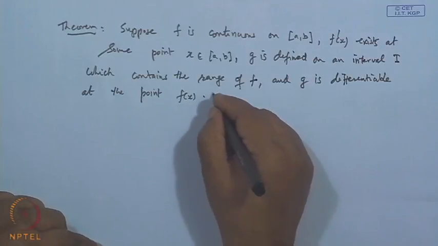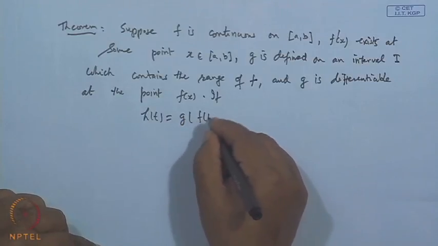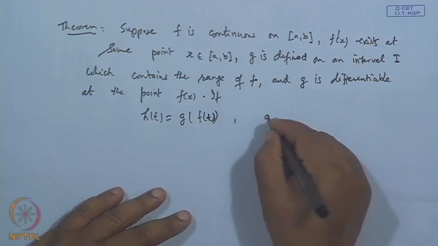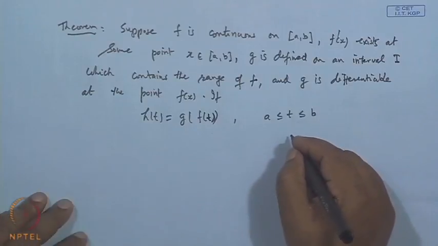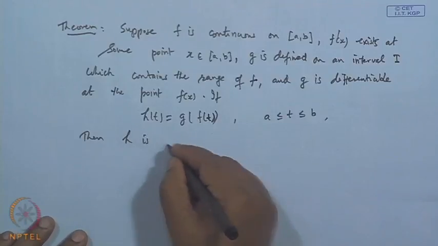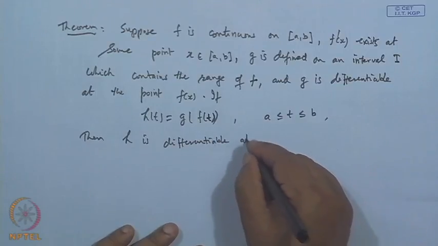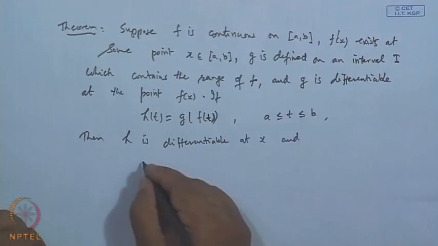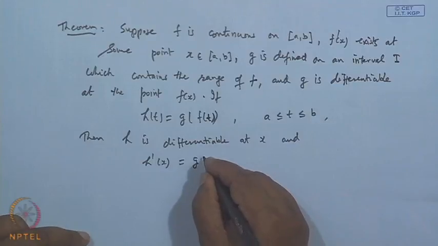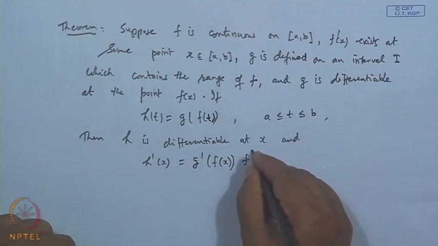Now, if h of t equals g of f t for t lying between a and b, then h is differentiable at x, and the derivative of this is equal to the derivative of g with respect to f x, and then f with respect to x.